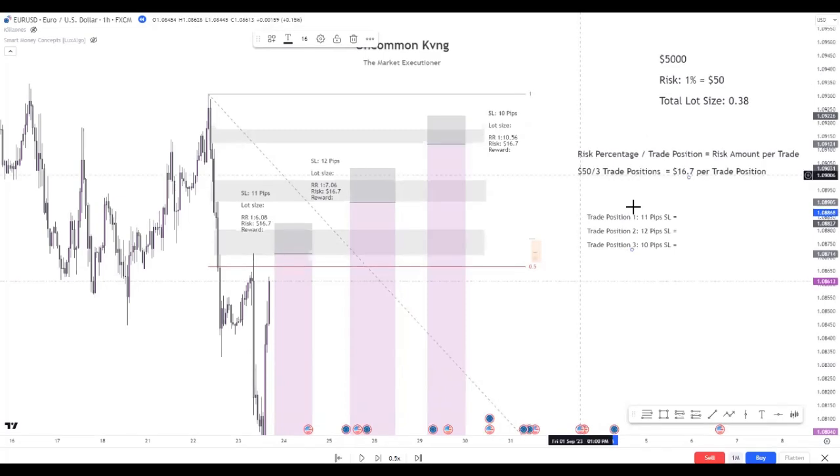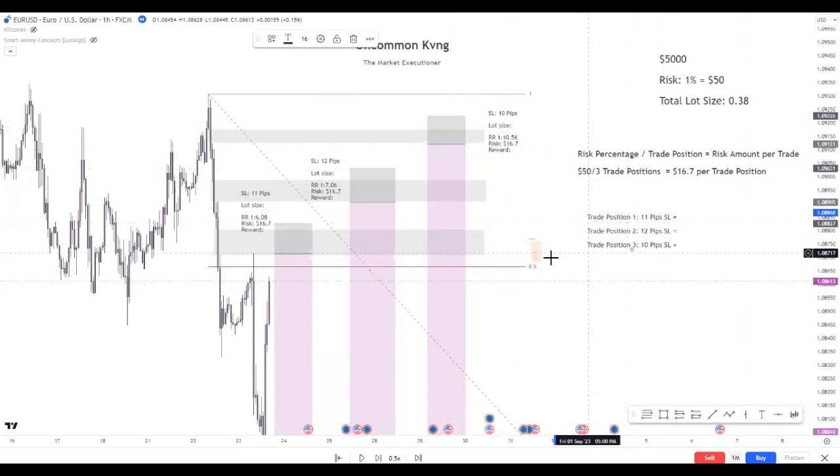All right, so our trade position 1 is 11 SL. Trade position 2 is 12 pips SL, and that of trade position 3 is 10 pips SL. So let's go and run the calculation real quick.